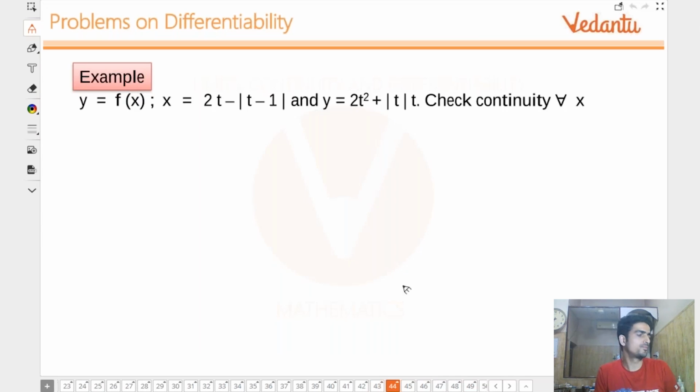Read the question. These are mixed questions on continuity and differentiability. I need to check continuity of f(x), where f(x) is defined this way.